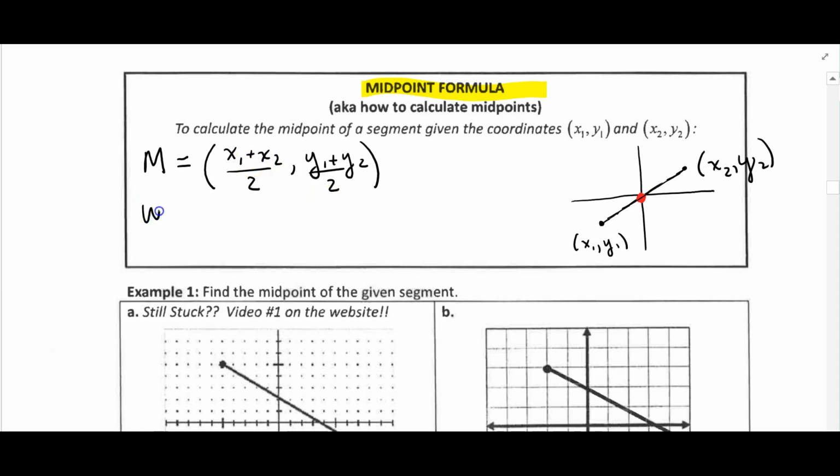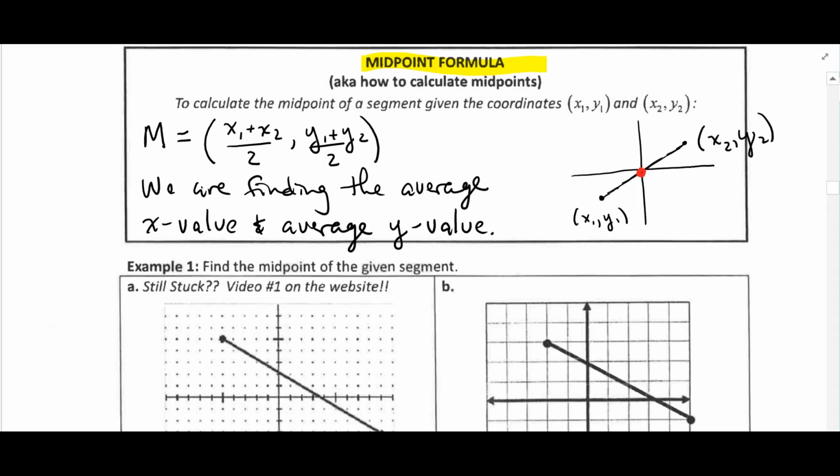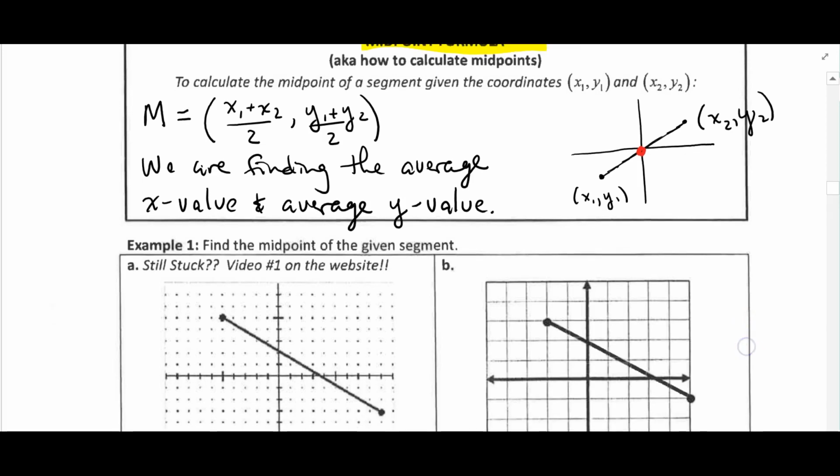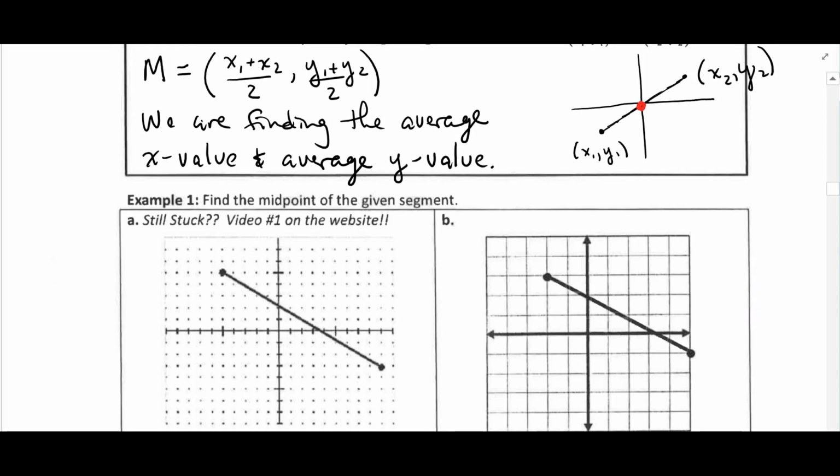So basically, we are finding the average x value and the average y value. That might be an easy way for you to remember how to find the midpoint. Just think about the midpoint as the middle, an average. To find the average of 2 things, you add them and divide by 2.